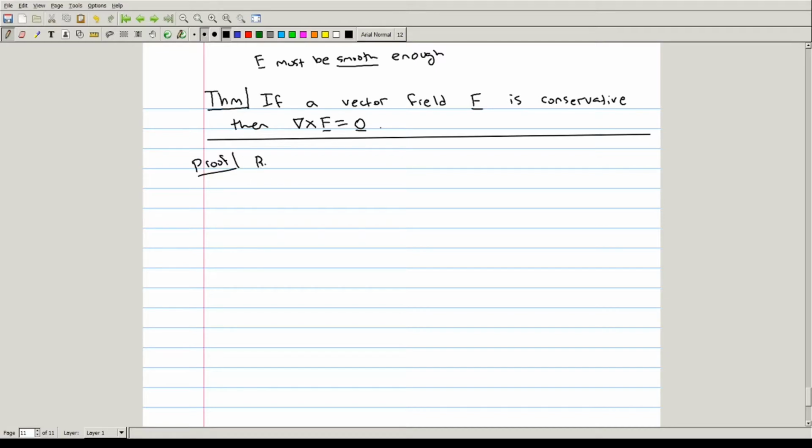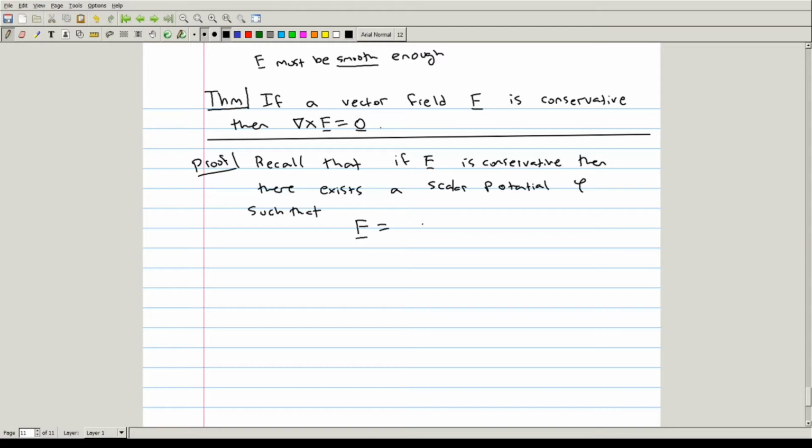So recall that if F is conservative, then there exists a scalar potential, or a scalar field phi, such that F is equal to the gradient of phi, or F is equal to d phi dx, d phi dy, d phi dz.